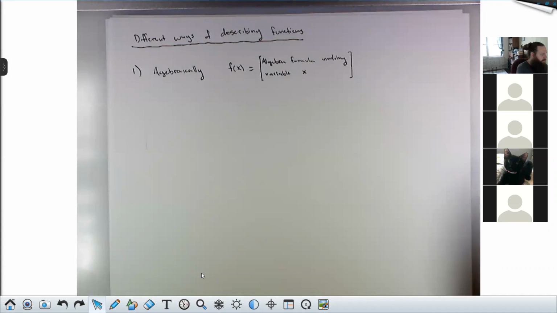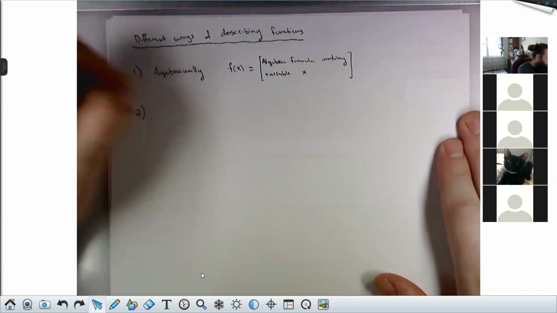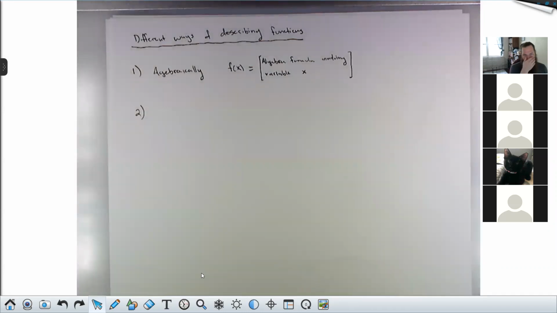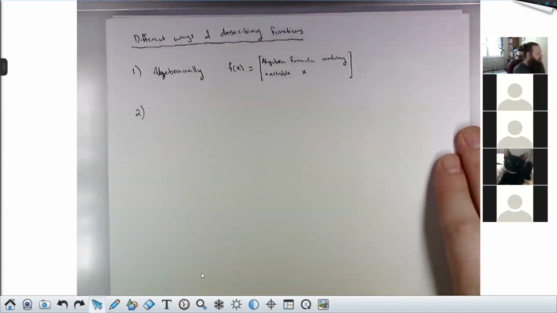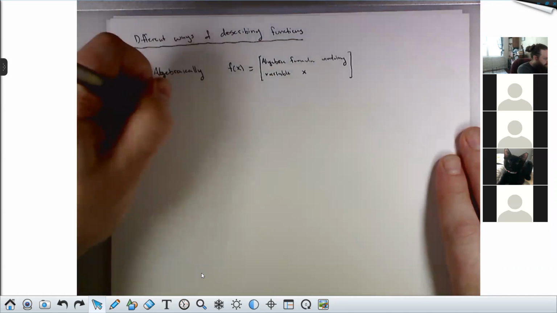But there are some cases, like when we start to learn about inverse functions, where sometimes I'll want to describe a function slightly differently. One of those useful ways is verbally.